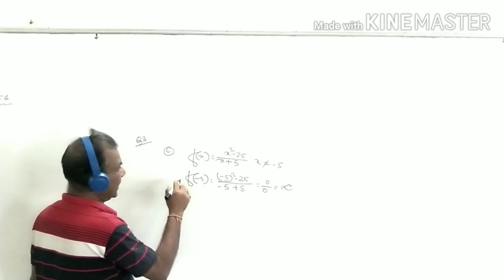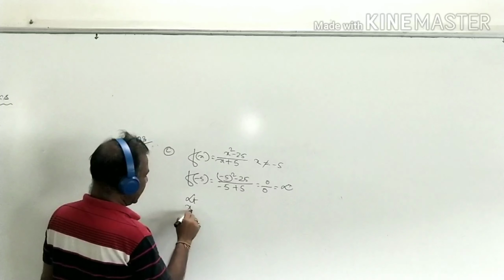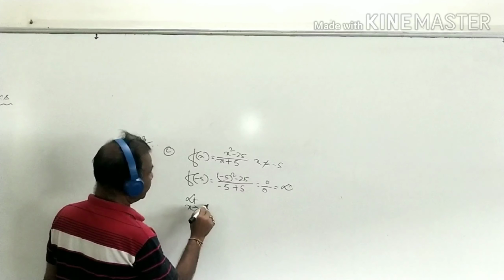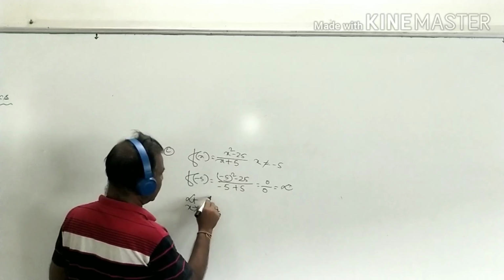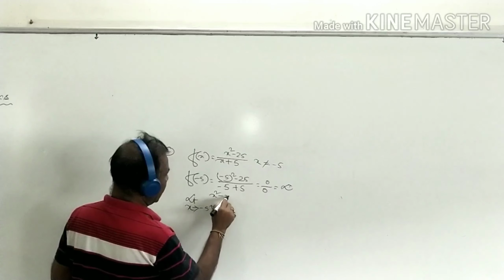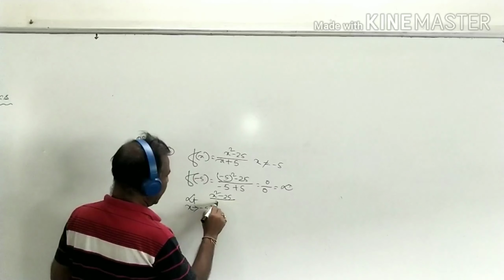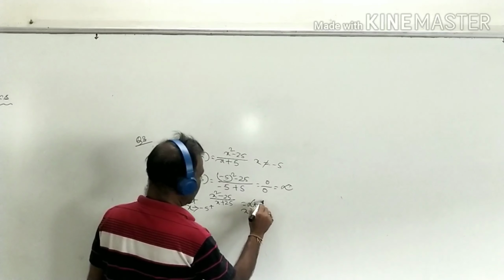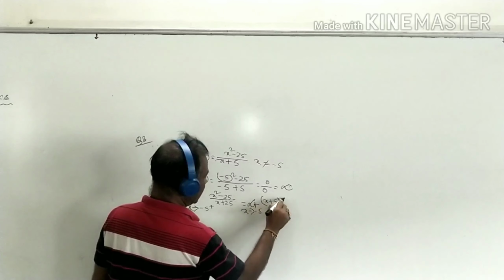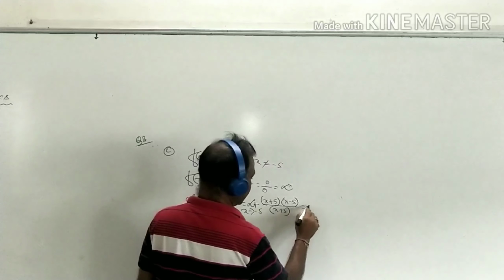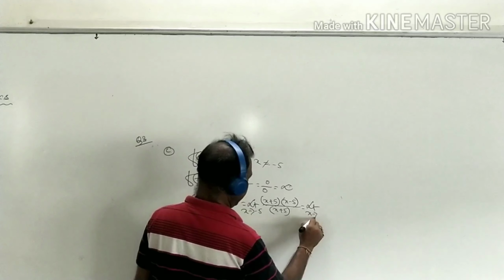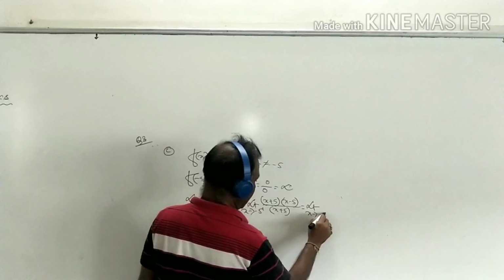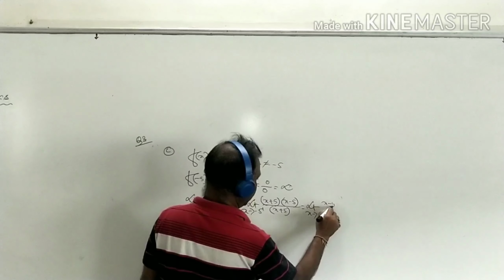So apart from that, limit x tends to minus 5 plus of x square minus 25 by x plus 5 equals limit x tends to minus 5 plus of x plus 5 into x minus 5 by x plus 5, which equals x minus 5.